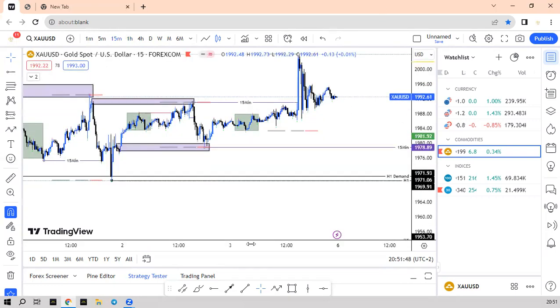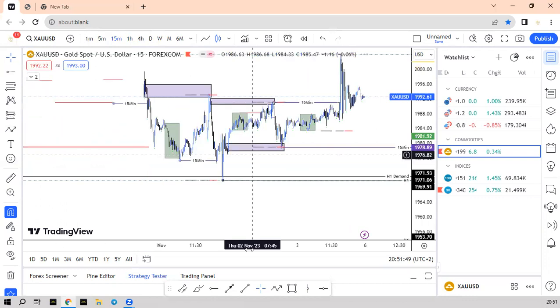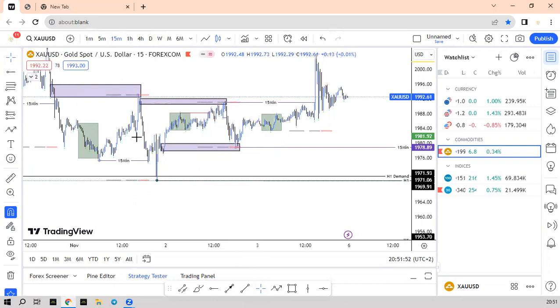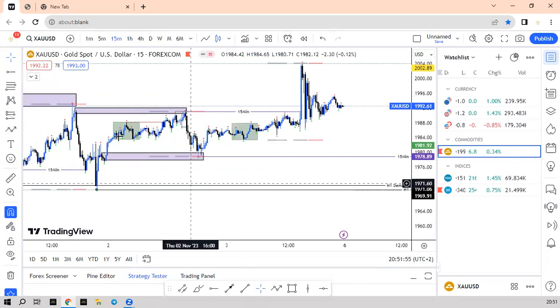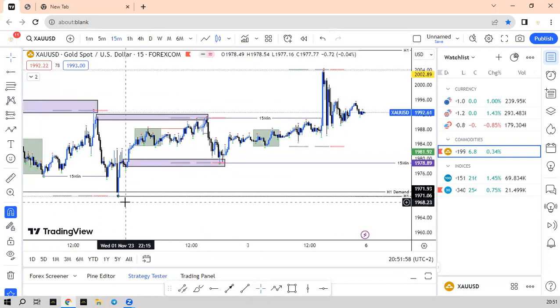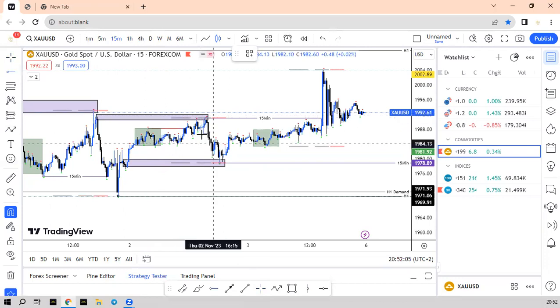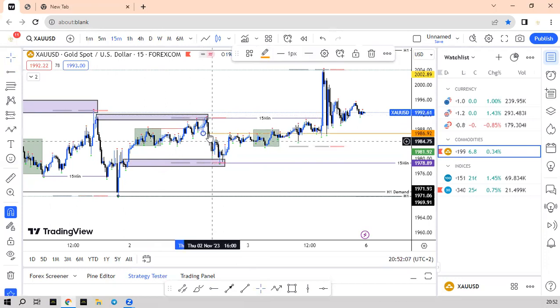on Thursday we had another range. From this high to this low, we were on a retracement. Price built up some liquidity, and we sold when it broke this low here. Then it went all the way down, so we were targeting this low.